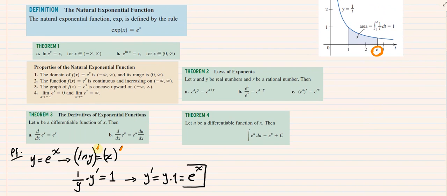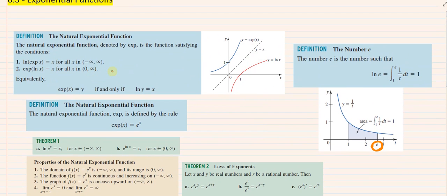The derivative of ln of y from section 1 is 1 over y times y prime, because y is a function of x, so we have to do implicit differentiation. The derivative of x is 1. Multiply both sides by y, and of course y cannot be 0, right? And it's not.